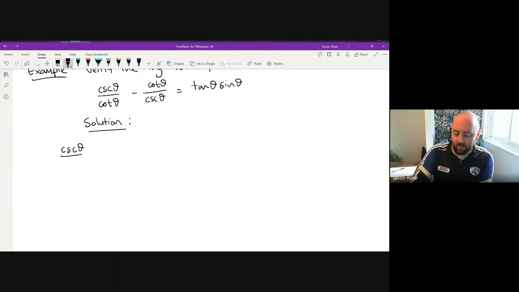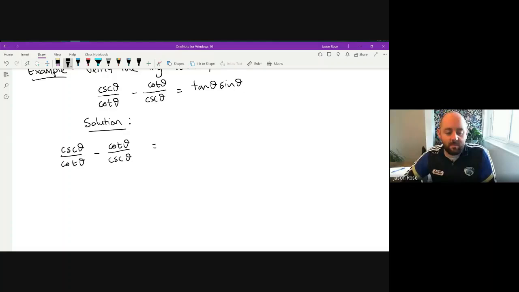Cosecant theta divided by cotan theta minus cotan theta divided by cosecant theta. Okay, what can I do with this? Any thoughts here? Common denominator, says Lewis. Good.